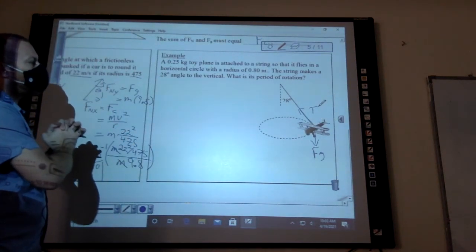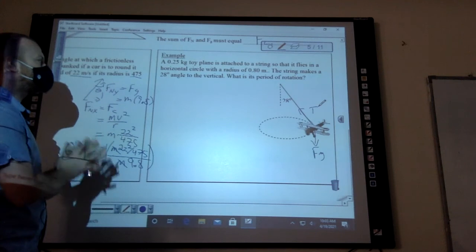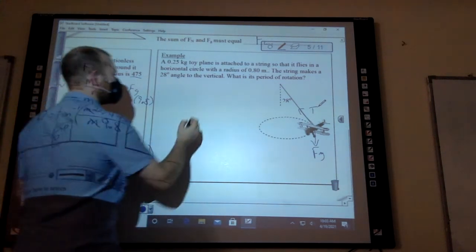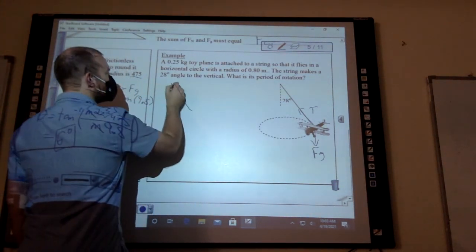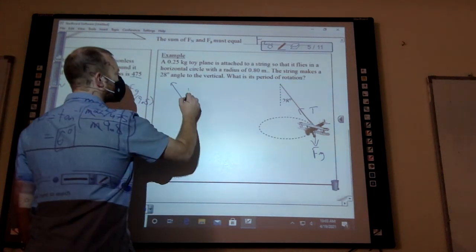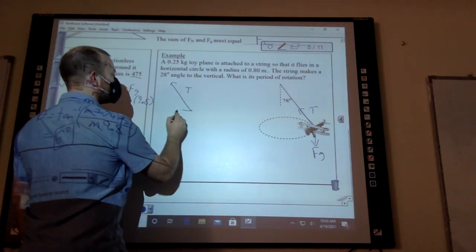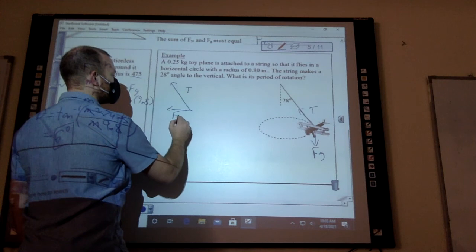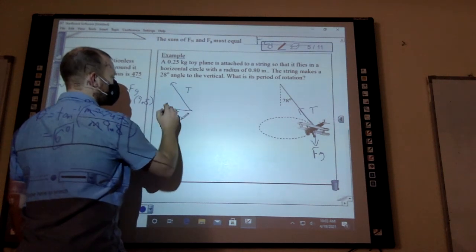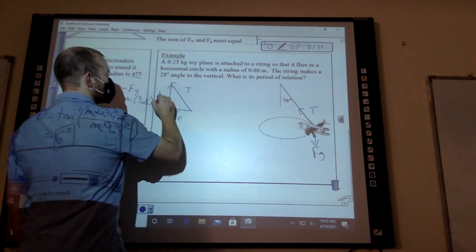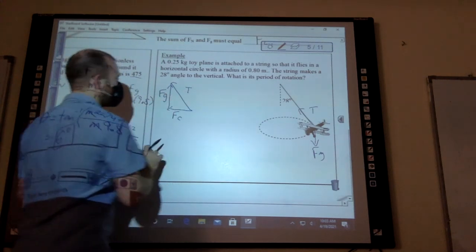Let's just break this up into components because we know what this is going to be. So here's tension. We can break this up into its two components. This is going to be equal to Fc. This is going to be equal to Fg.